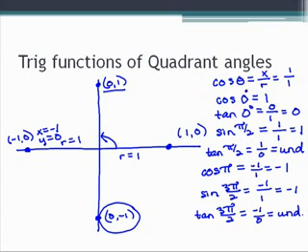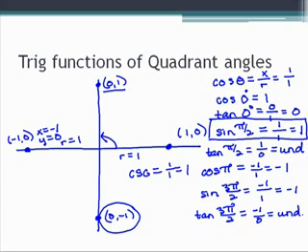So that's how you find those. You're looking at your x, your y, and your r, and then you can figure out all of those. So for example, if I know the sine of pi halves, the reciprocal of sine is cosecant, so the cosecant is the reciprocal of 1, and the reciprocal of 1 is still 1.